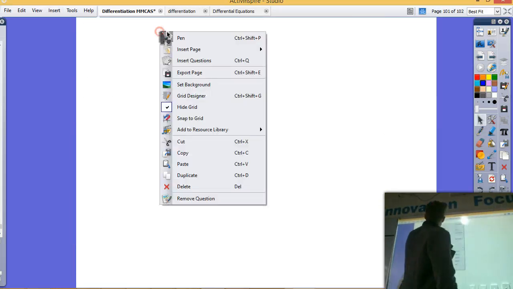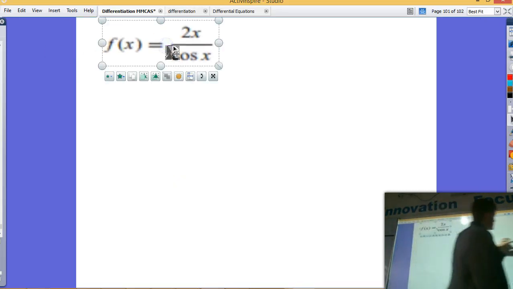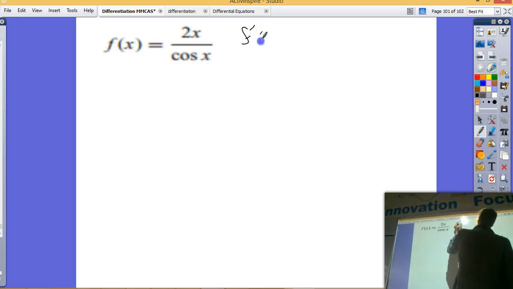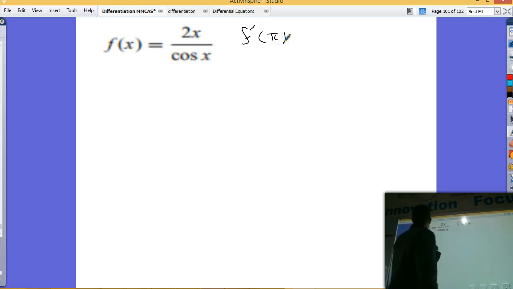So, let's have a look at that one. There's our function. Now, we want to evaluate this gradient function at pi. So we have to find that derivative function first.